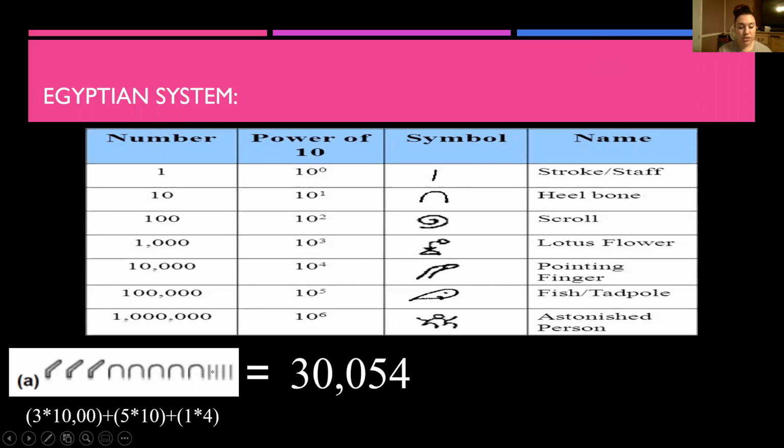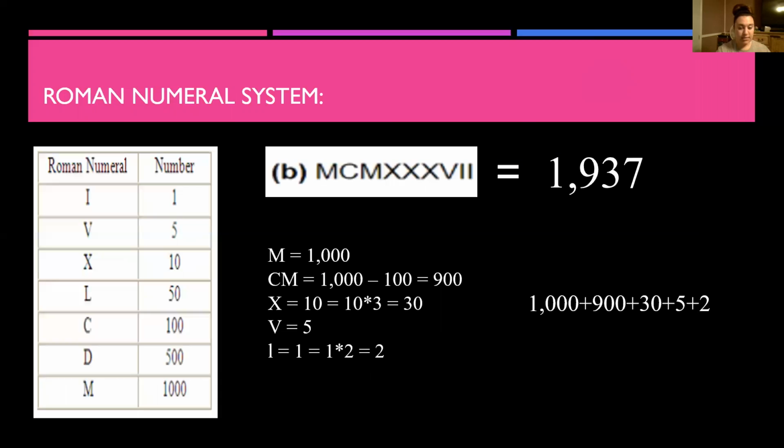We've got 1, 2, 3, and 4. So we have 4 of those, and they equal 1. So 3 times 10,000 is 30,000. Plus 5 times 10 is 50, and then 1 times 4 is 4. So we have 30,054 for our Egyptian system.